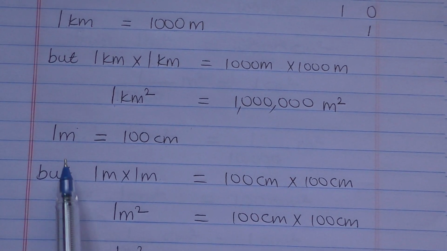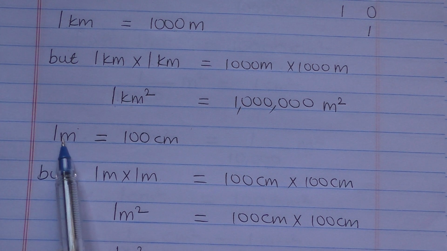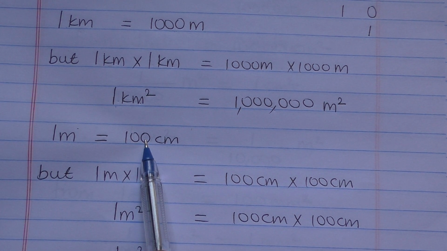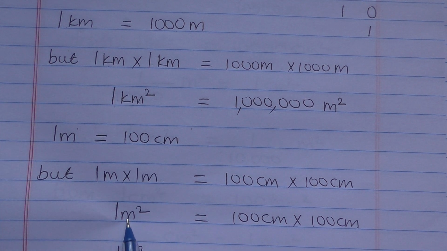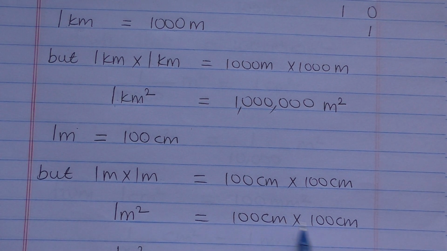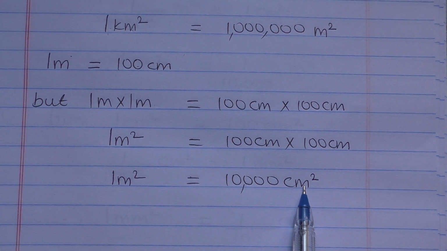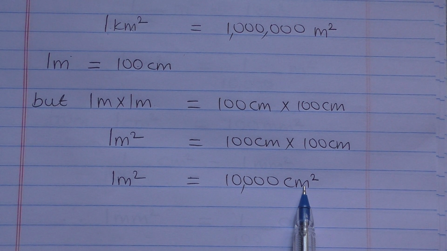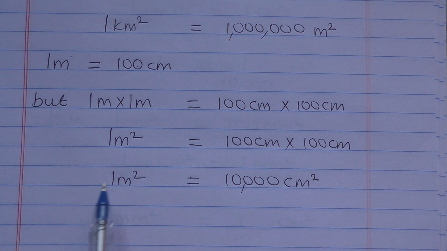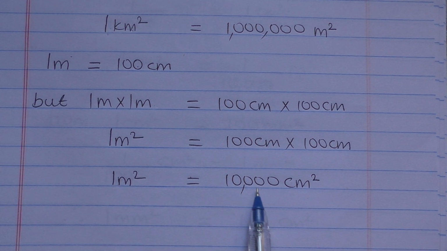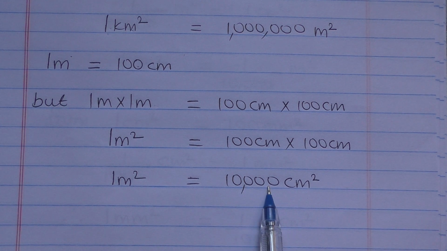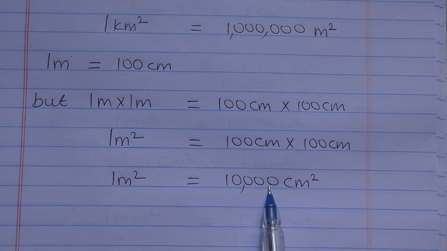Then, from 1 meter equaling 100 centimeters, that means that 1 meter squared will equal 100 centimeters times 100 centimeters, which will give us 100 centimeters squared. So 1 meter squared is equivalent to 10,000 centimeters squared.